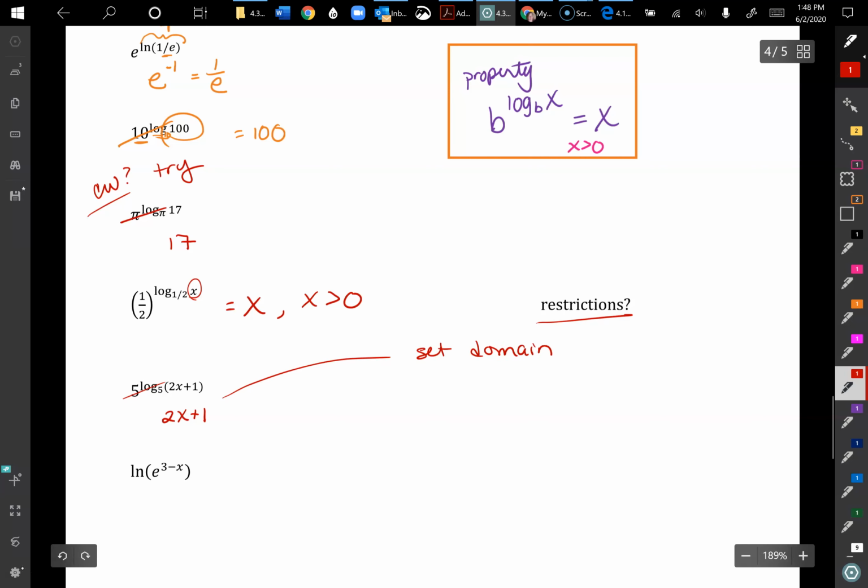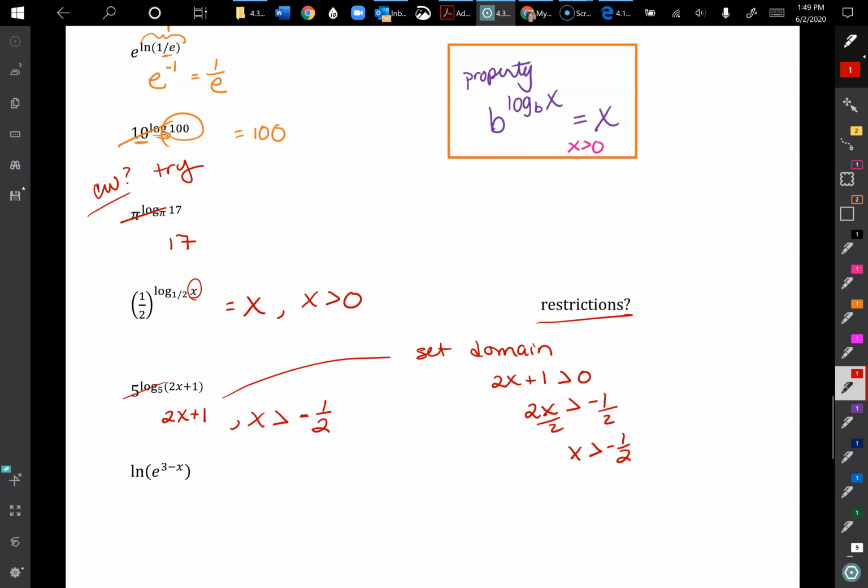So we don't want this equal to 0. We want it greater than 0. So we have 2x plus 1 greater than 0, so 2x greater than negative 1. Divide both sides by 2. x would have to be greater than negative a half. So we have to set that over here. Again, don't forget whenever there are variables involved.